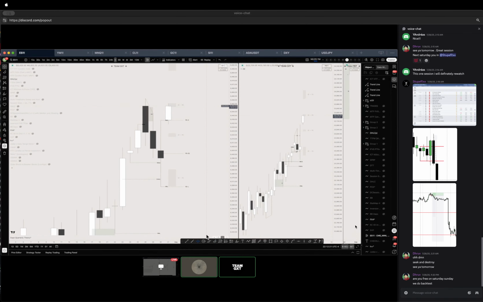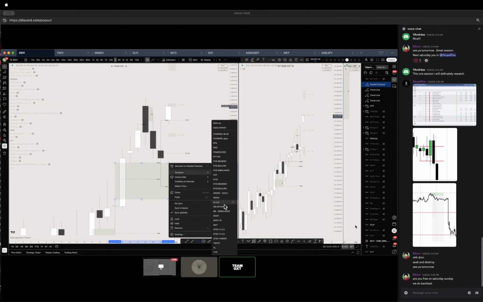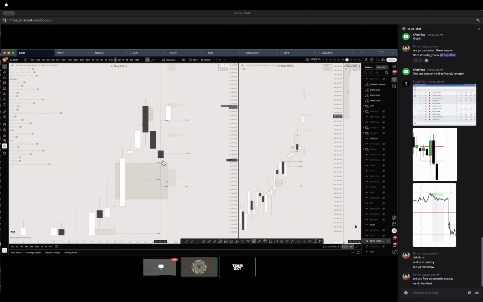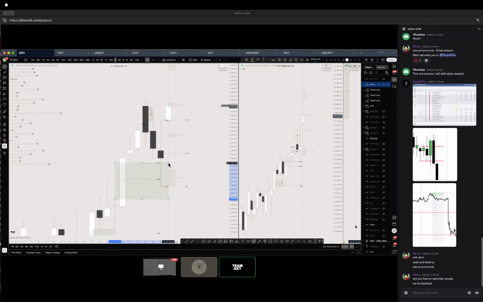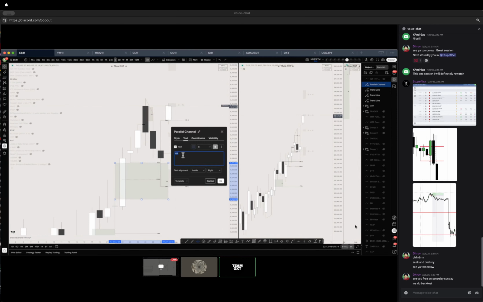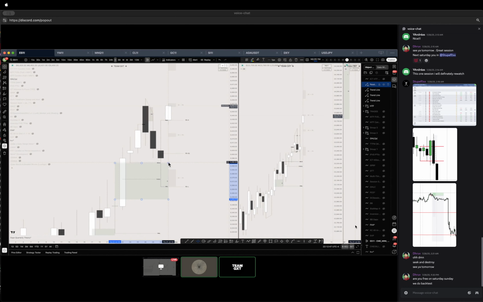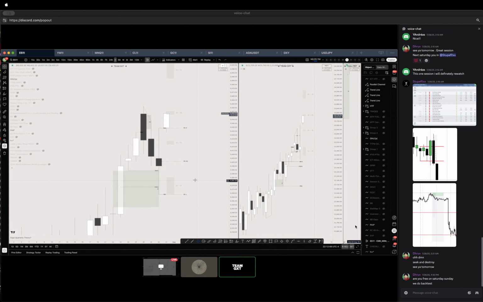Let's mark this daily fair value gap here on ES. Clearly we have internal to external playing out here. We have not hit the objective yet, which is a possible opportunity for today. Here's our internal, of course.